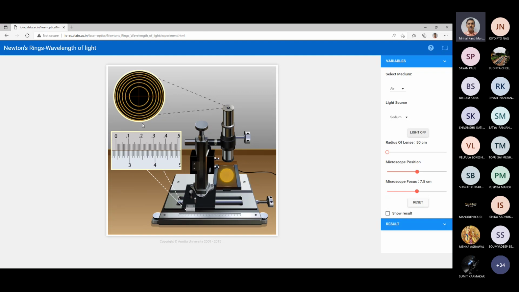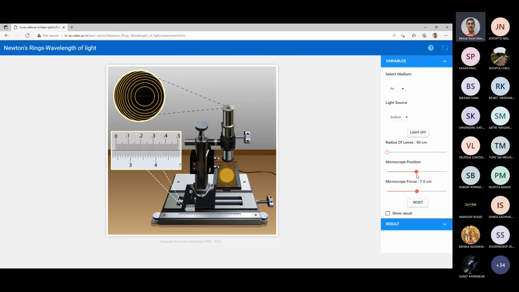Now you see, this is the circular ring pattern, right? You can count. This is ring number 1, 2, 3, 4, like this. This is the microscope position. If you change it, the ring pattern moves to the left and right side.